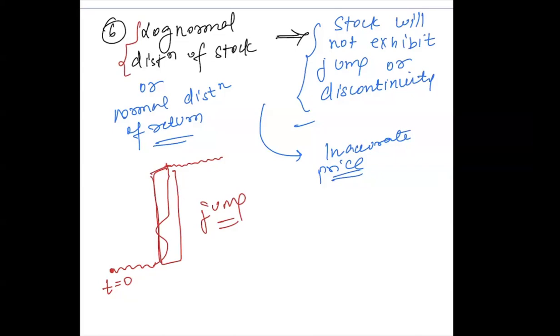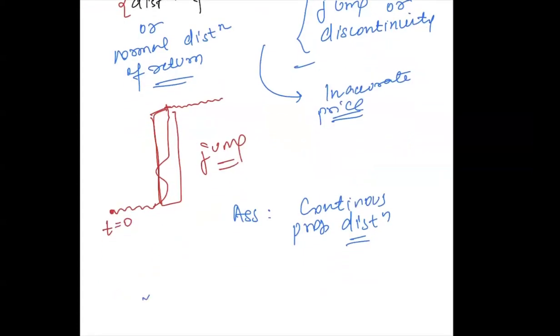Because the assumption of all these continuous probability distributions is that they are continuous in nature and not discrete.